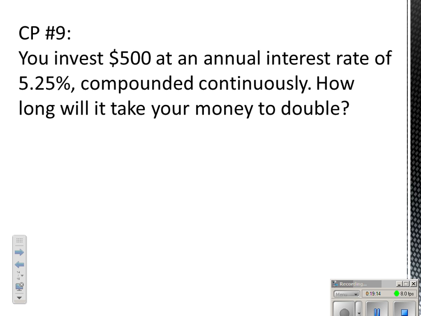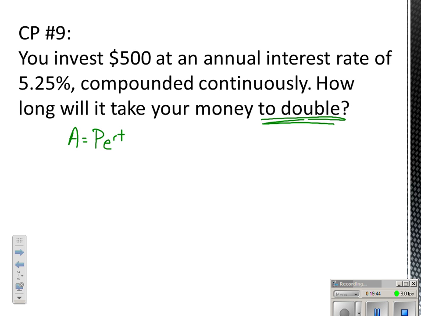You were given a model or a formula or equation, function, whatever you want to call it, for continuous compounded interest back in, I don't know if it was section 2 or 3 anymore, but it looked like this. Remember that? So all we need to do is to fill in our stuff, and we're looking for how long it's going to take our money to double.